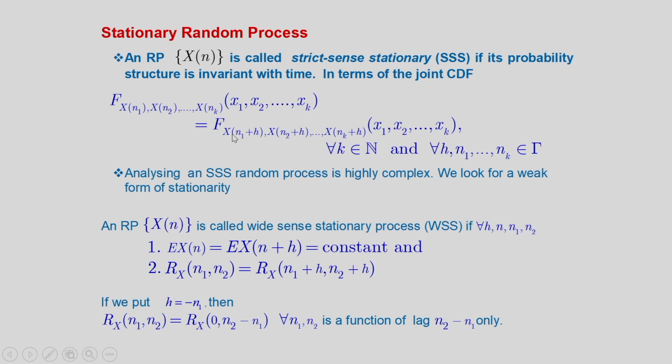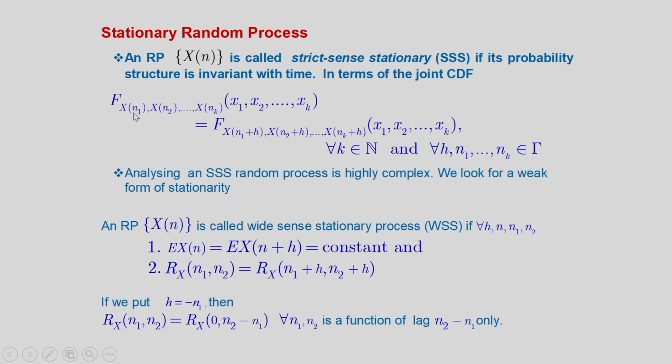Now, we will shift the time axis by an integer amount h. So, x of n1 plus h, x of n2 plus h, up to x of nk plus h. If we consider this set of random variables instead of this, then also this joint CDF will remain the same.